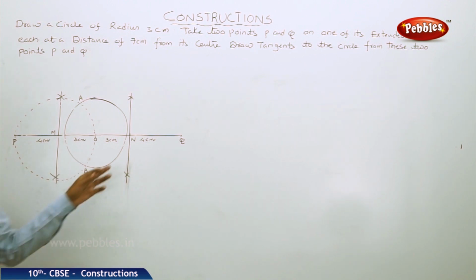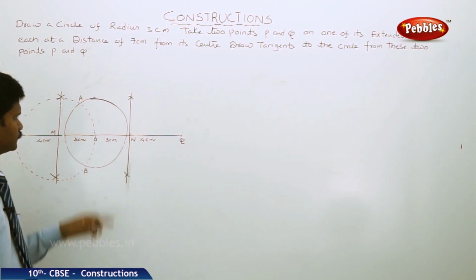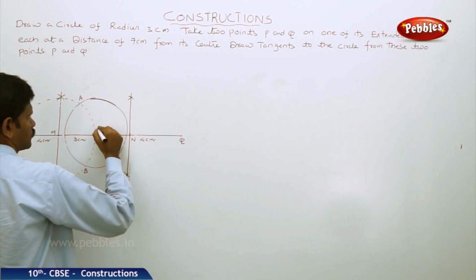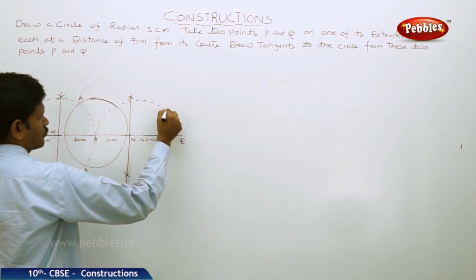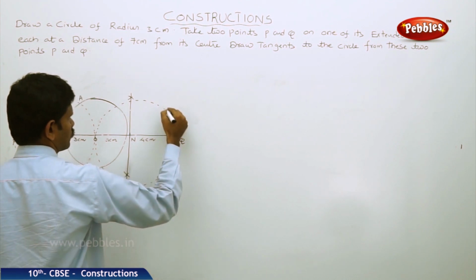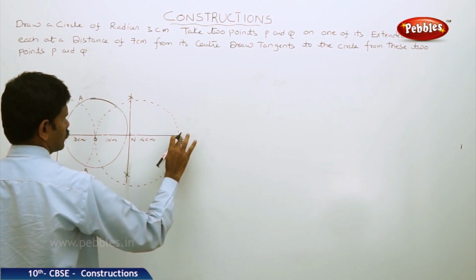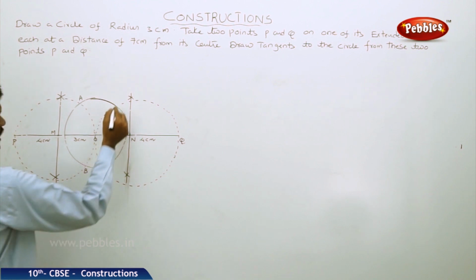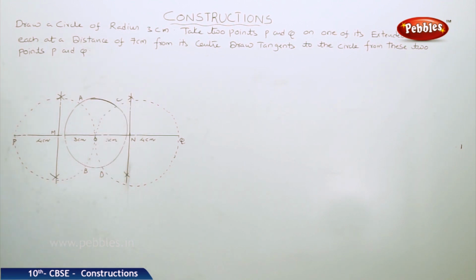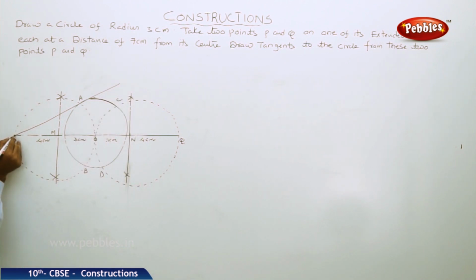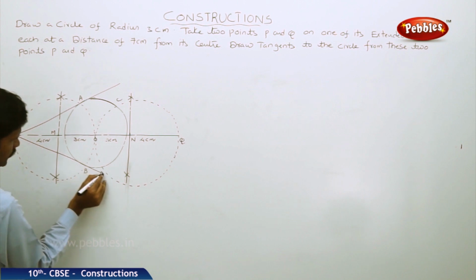Now taking N as center, ON as radius, again draw a circle. Now this circle touches at C and D. Now join PA and PB.